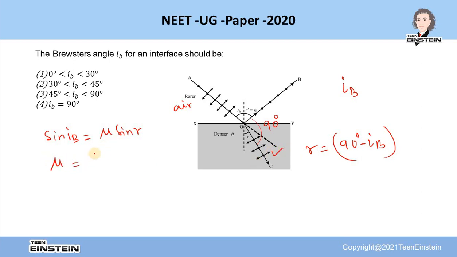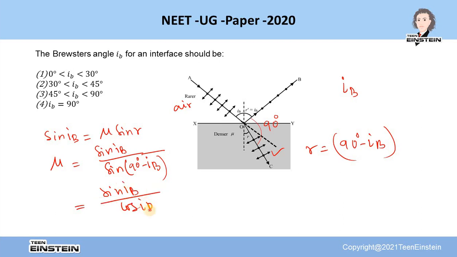So we can write this mu is equal to sin iB divided by sin r, which has a value 90 minus iB, and this will give rise to cos of iB, and hence it implies mu is equal to tan iB.